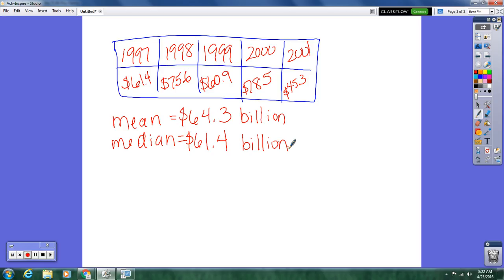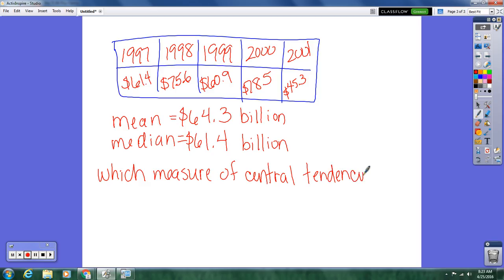Now, the second part, they're going to say which measure of central tendency best represents the data. You should have done some of this in Math 1.